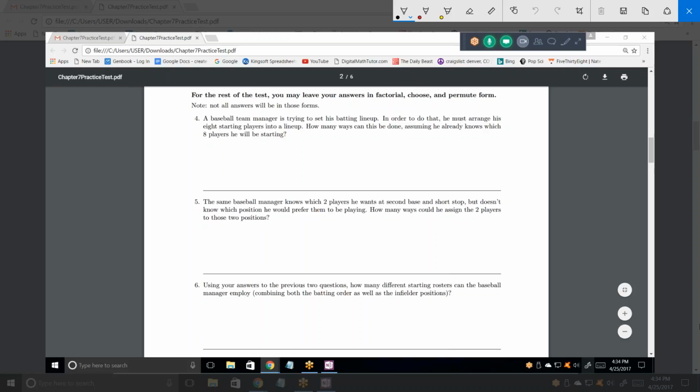Okay. So it's basically how many ways can you order 8 different players? He's got to arrange his 8 starting players into a lineup. I presume what that means is his pitcher's batting ninth always. So how many ways can his 8 players bat first?